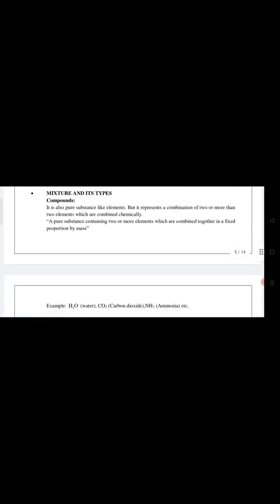Okay. So after that the mixture will come, mixture and its types. First of all, compounds are coming. We have already discussed the elements only. Now compounds are coming. A compound is a combination of two or more elements, but in a fixed ratio.